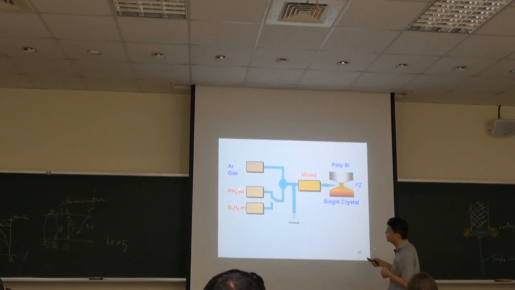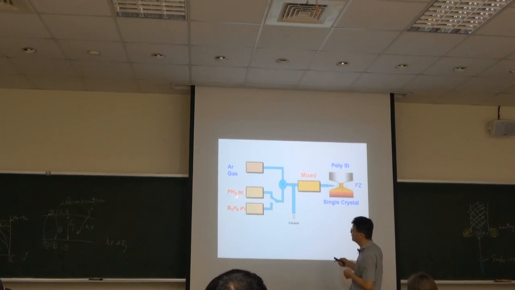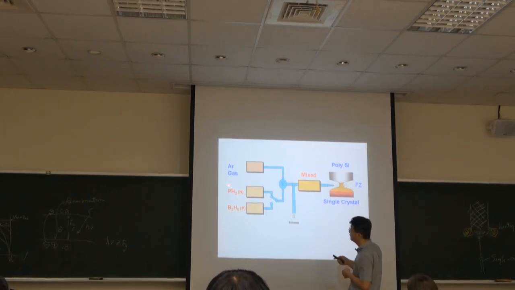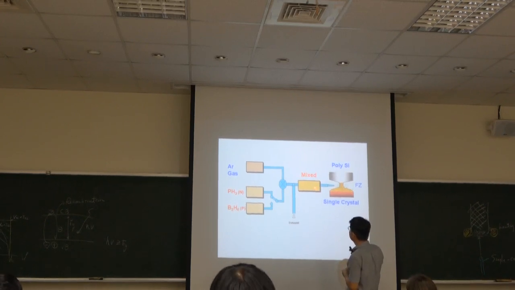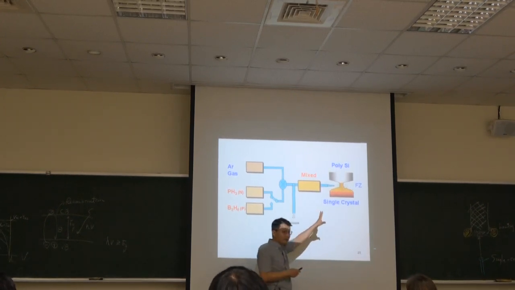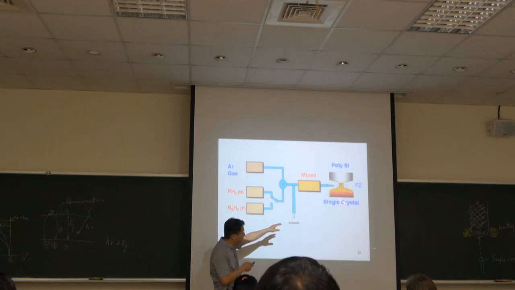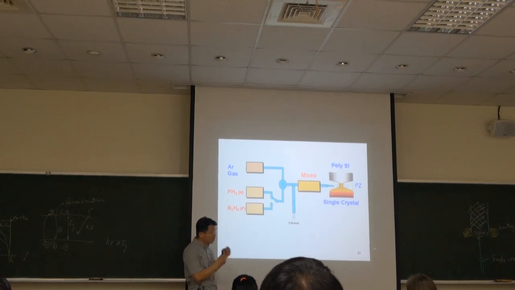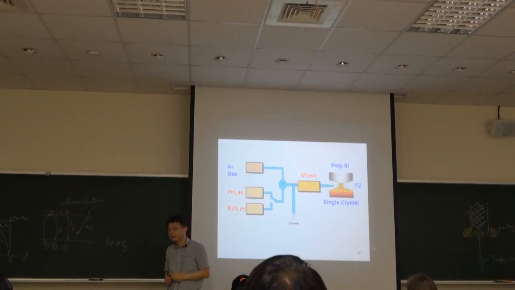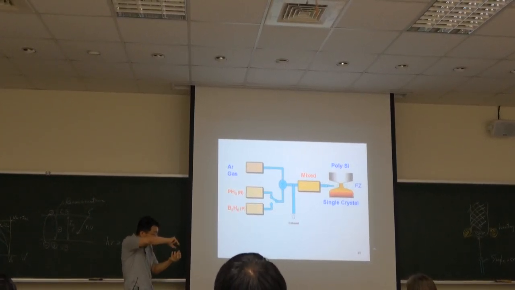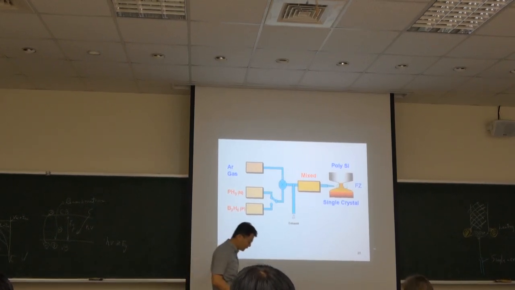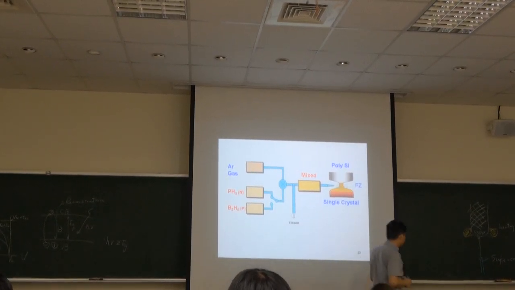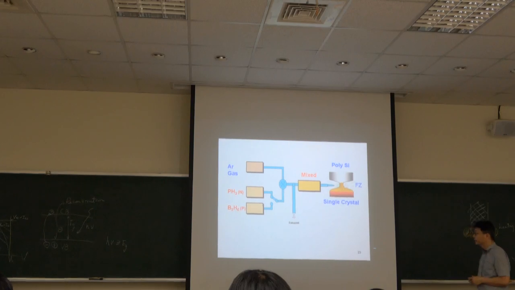For example, if you want to create nitrogen doping, phosphorus doping or boron doping, you can mix it here and then spread the gas to the molten state of the silicon, so you can create a doping. It is quite uniform.